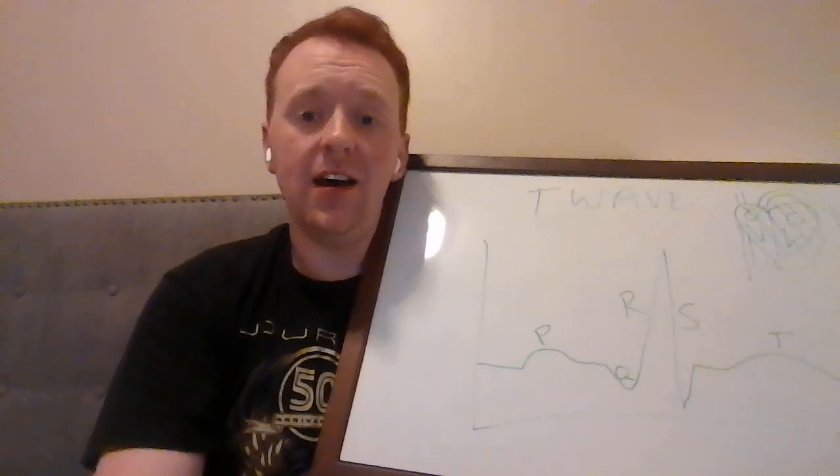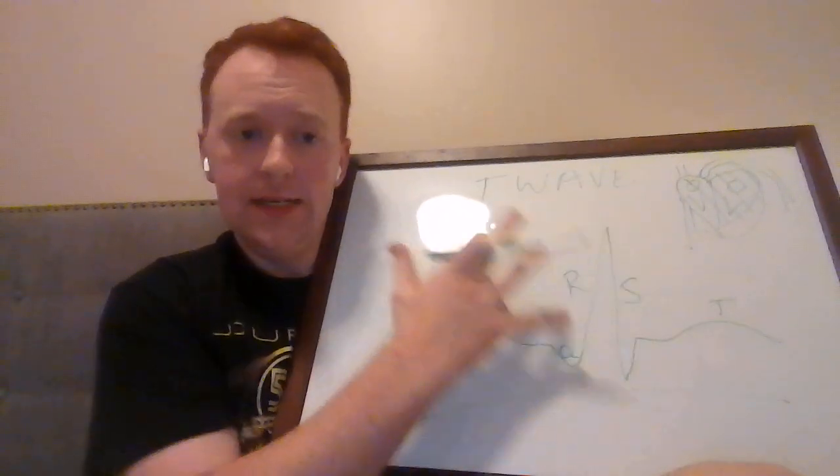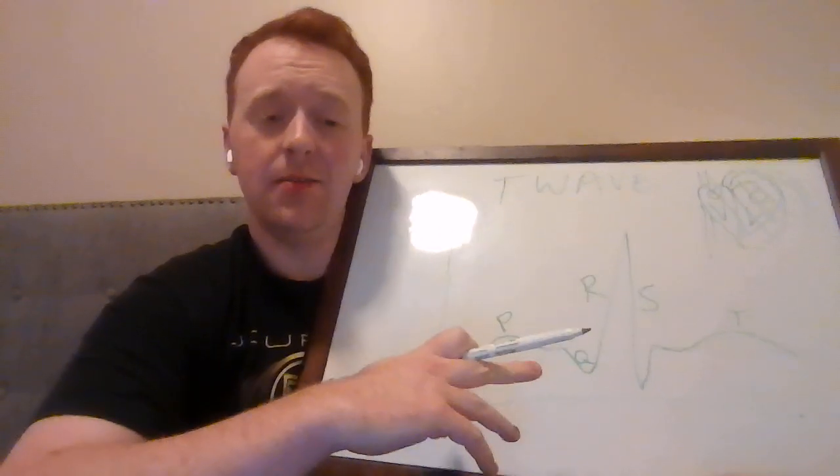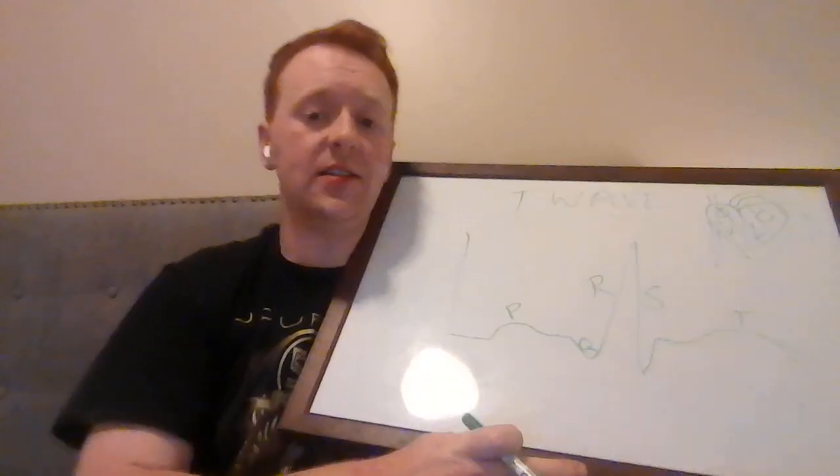So now we get to talk about, this is the normal ECG tracing. We're going to talk about something called NSTEMI and STEMI, which stand for an ST elevation and depression, which is really bad.